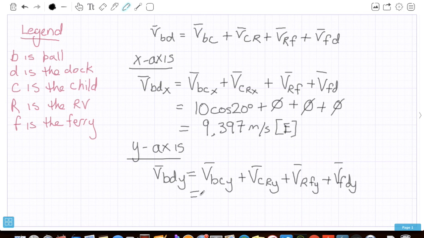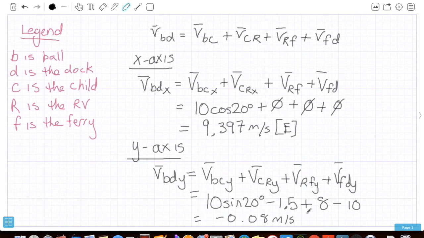This is going to be 10 sine 20 because the ball has a north component as well. The child is running south with respect to the RV, so we make this negative. The RV is going north with respect to the ferry, and the ferry is going south with respect to the dock. When you add all these up, you get negative 0.08 meters per second north.